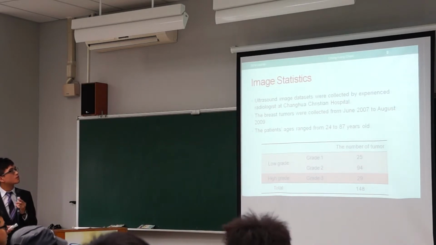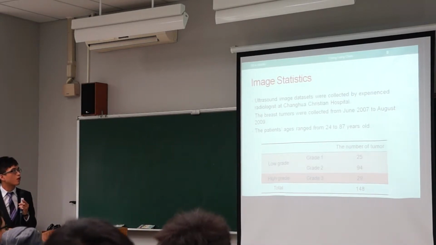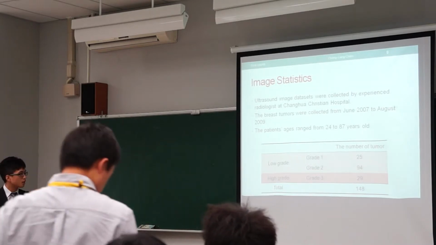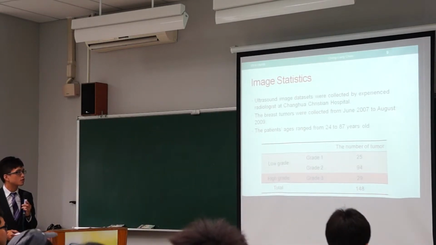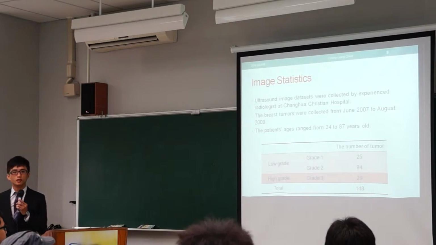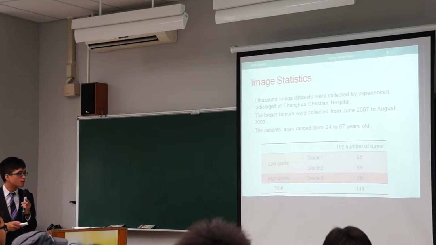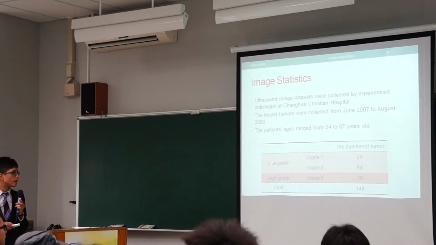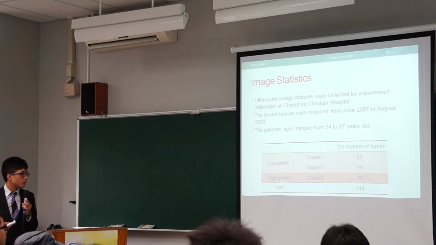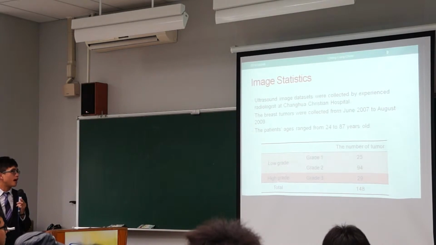The slide shows the statistics of image data. The table shows the number of tumors in different grades. In this study, we regard grade 1 and grade 2 as low grade, and we regard grade 3 as high grade.